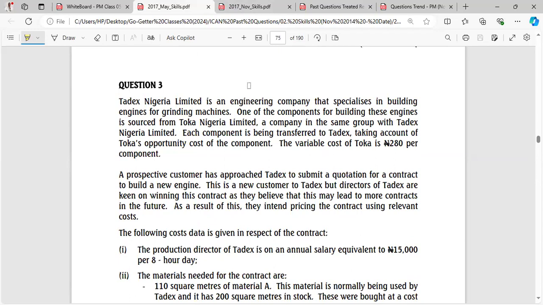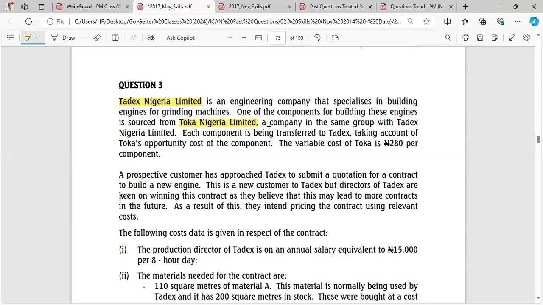All right, look at the question. Tadex Nigeria Limited is an engineering company that specializes in building engines for grinding machines. One of the components for building these engines is sourced from Toka Nigeria Limited. Now we have two companies here, Tadex and Toka.